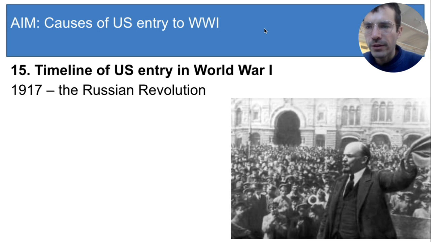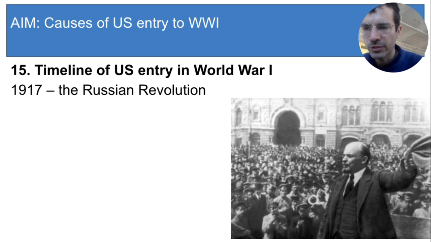Another important event that occurred in 1917 was the Russian Revolution. The Russian Revolution was a world-changing event in which communists, known as Bolsheviks, overthrew the Tsars, the king and queen of Russia, and established a new communist country called the Soviet Union. The leader of the Bolsheviks was this man, Vladimir Lenin. You probably learned about him in global history.